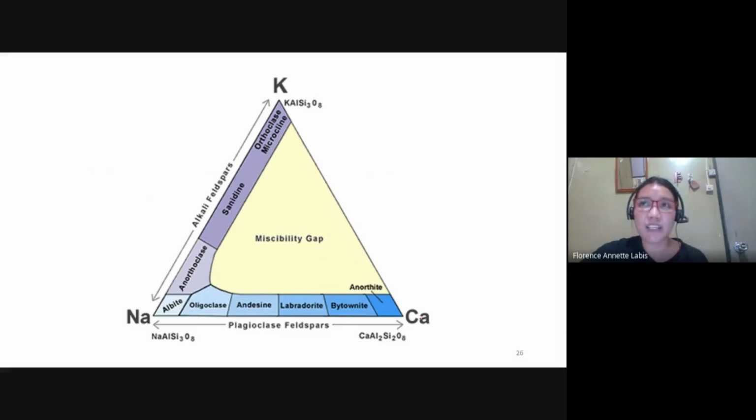And in the Bowen's reaction series, the continuous series, for example in the feldspar, we have the plagioclase feldspar, we have the ABLAOA. So basically, ABLAOA represents these minerals here.